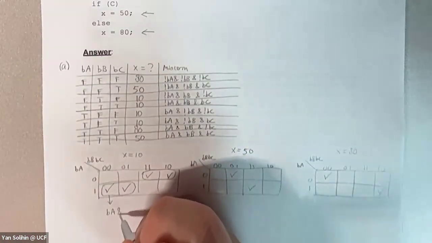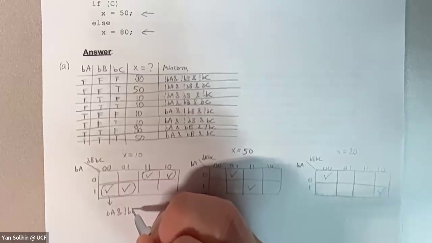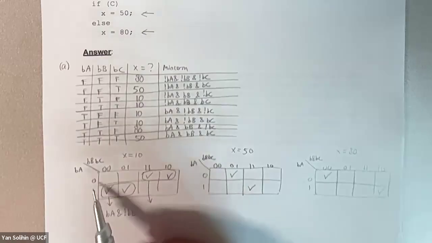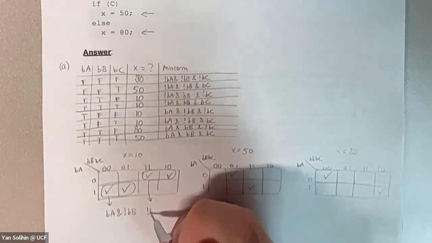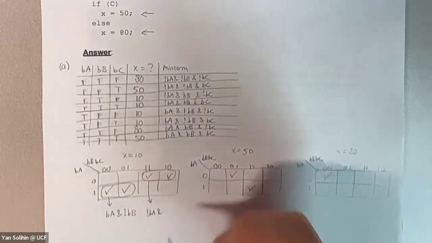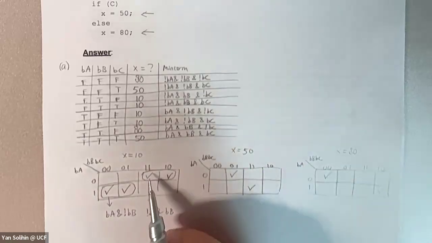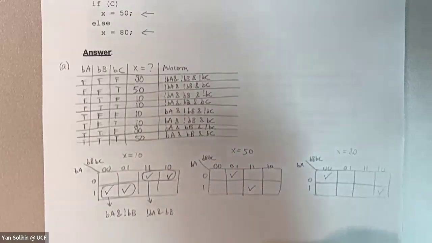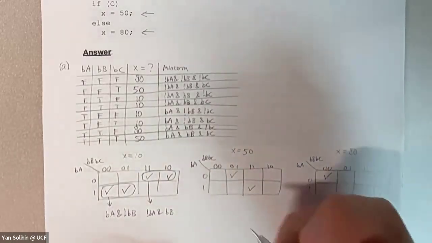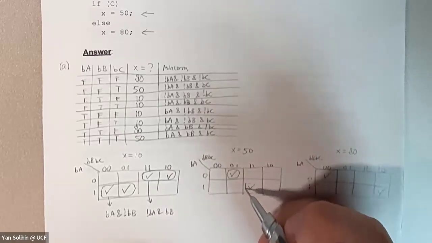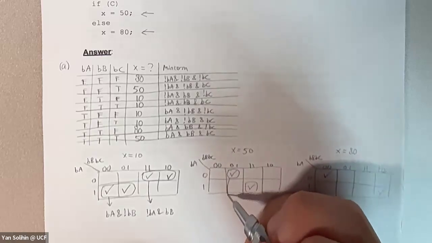Let's be consistent here with the sign. Now for this one, it contains not BA because it's 0. It contains BB. It does not contain BC because BC is 0, 1, and 0.